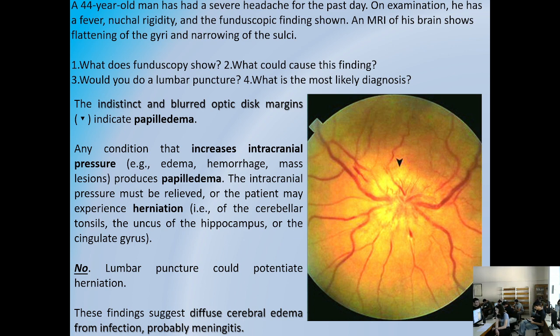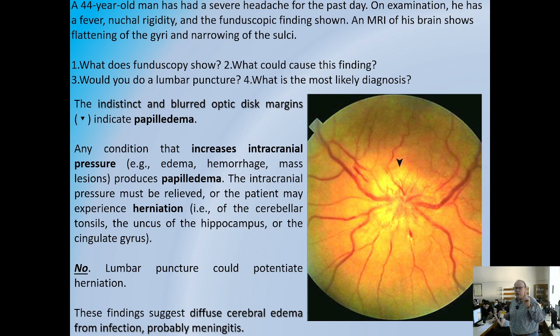What cells could be there? If you see neutrophils, for example, that could be a sign of inflammation within the central nervous system, or the meninges. What else could you find in this liquid? You could find malignant cells. So that could be a sign of a tumor spreading within the fluid.